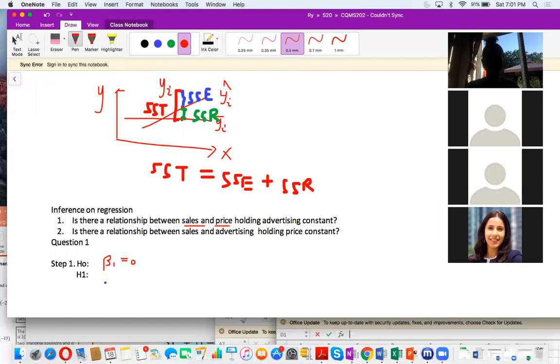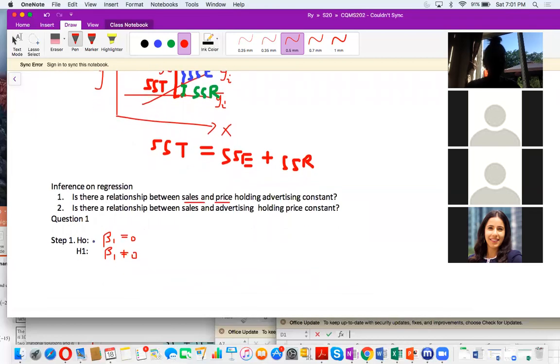That is the null hypothesis. H1 says beta 1 not equal to 0. Any questions so far? So that is step 1. And step 2, set alpha. If alpha is not given, you assume alpha 0.05.